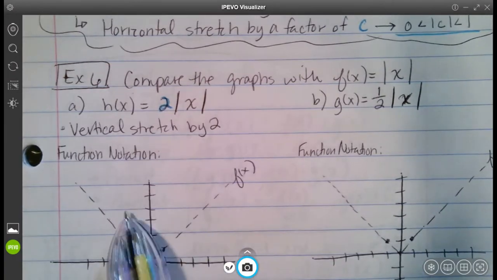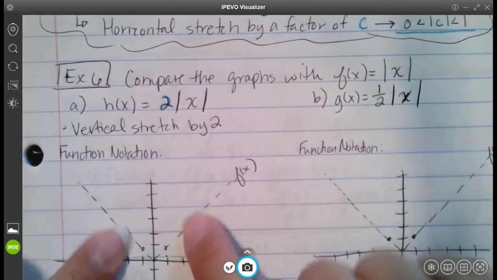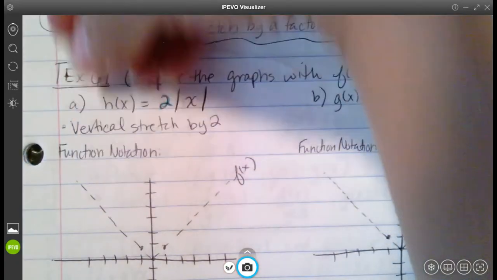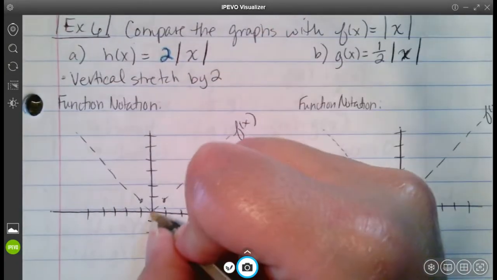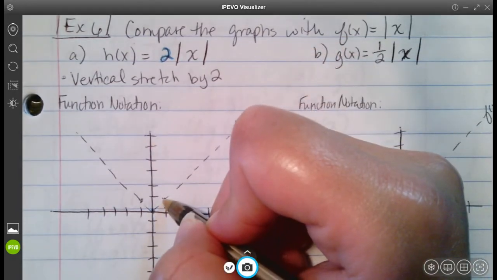So that means this graph is going to get vertically stretched. Think of it like this V right here is going to get stretched. If I pull it up, it gets thinner. You're pulling it up like this. What's going to happen is the 0 will stay the same because it's just 0. The next ones are going to get multiplied by 2.